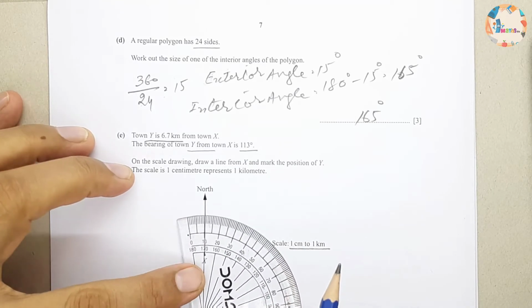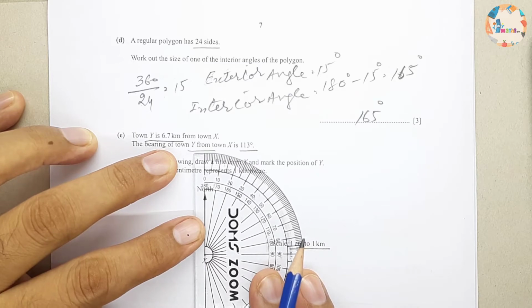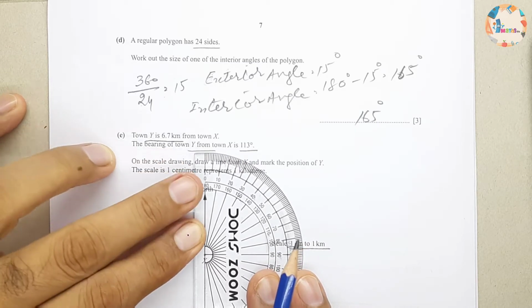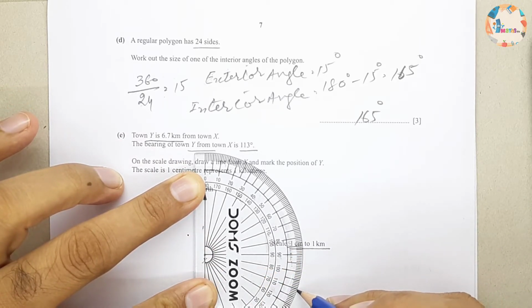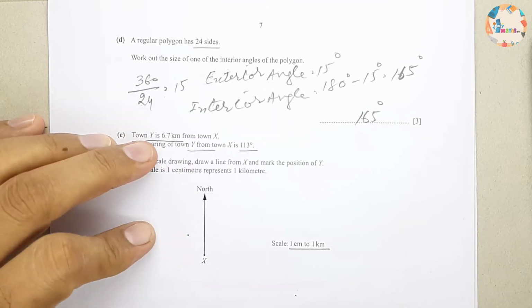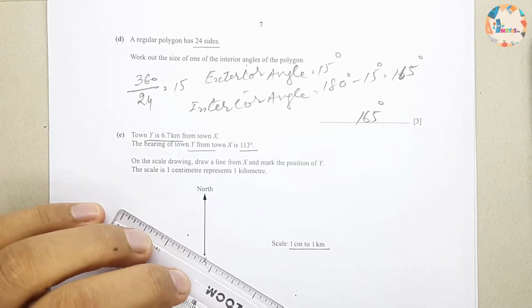First of all, we will mark 113, so we can fix the protractor over here. So 113, this is 100, 110, 112 and 113.